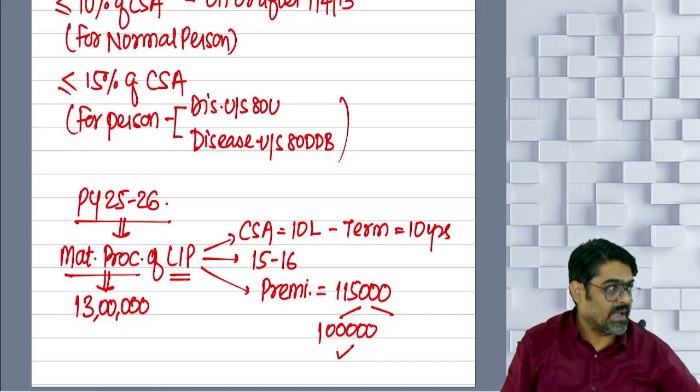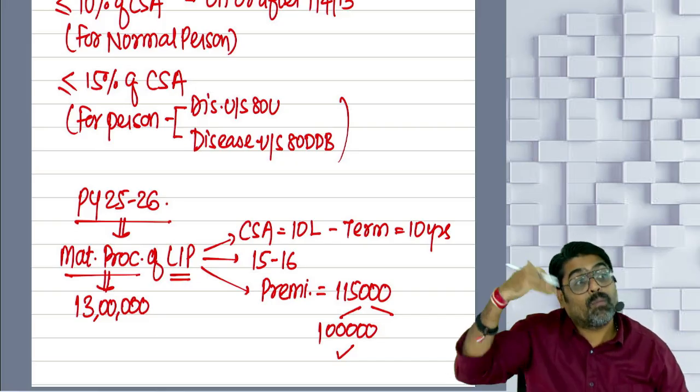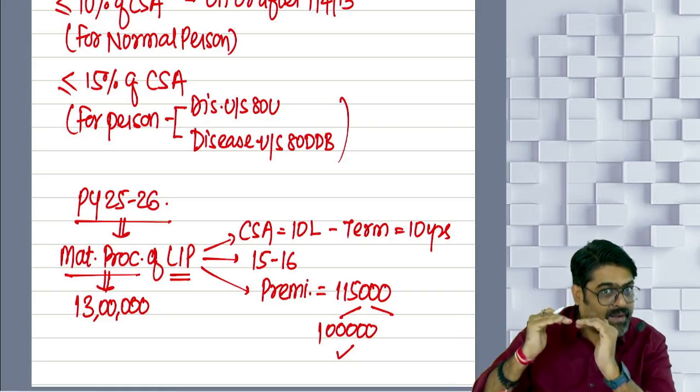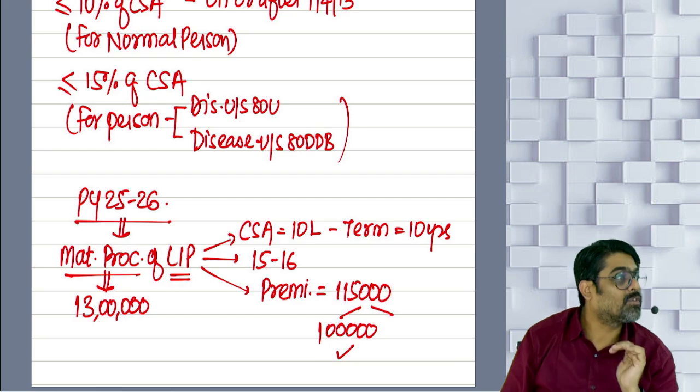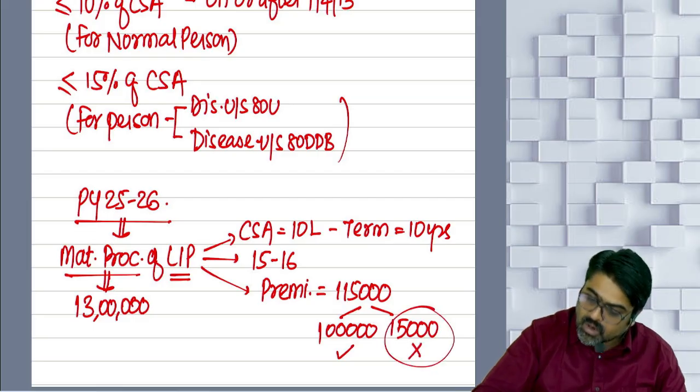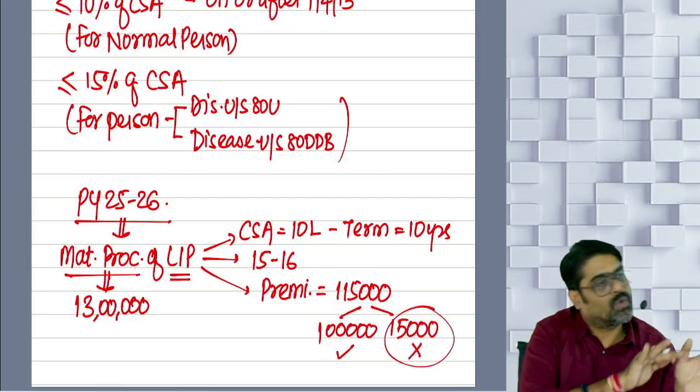Out of that, how much was allowed under section 80C? 1 lakh, 1 lakh, 1 lakh. Within the limit only the premium will be allowed. Yes or no? And how much premium was not allowed every year? 15,000. So the premium which is not allowed every year, coming back to you, that you reduce.